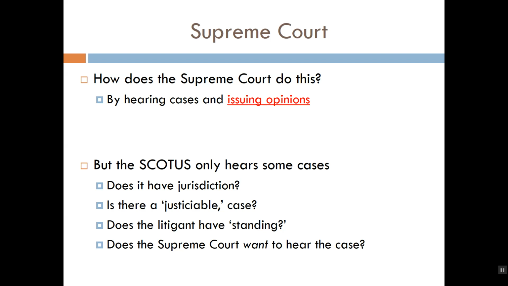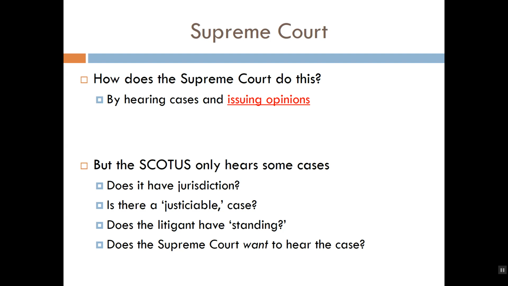Now, a part of this does have to do with ideology. The justices have their own ideological goals that they want to fulfill, and they are going to choose to hear those cases that give them the greatest opportunity to do so. But a much, much bigger part of the problem is that there's only one Supreme Court, and yet we've got an essentially infinite supply of disagreements about the law.